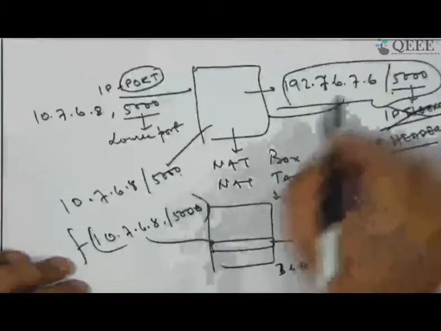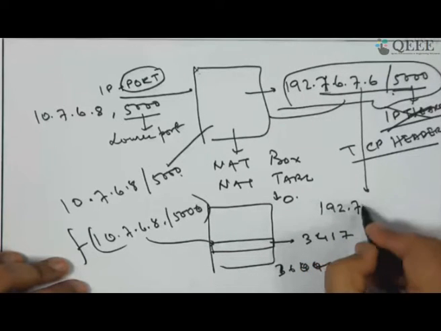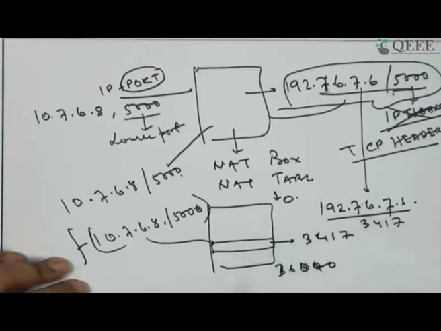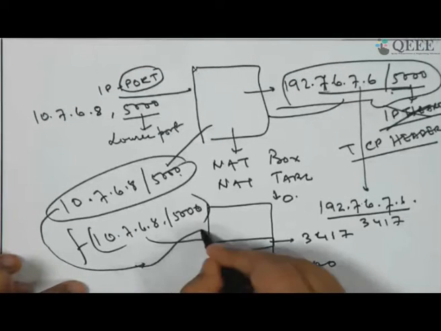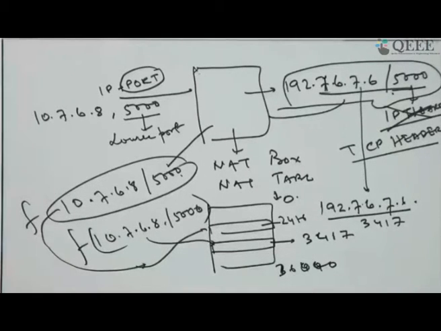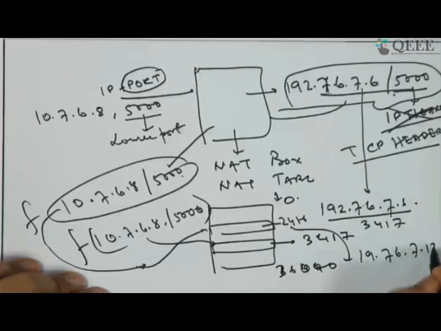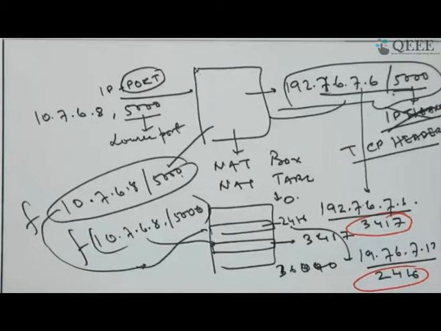So now instead of 5000, what will you put? 192.76.7.6 with 3417. Now the next thing which also has 5000, it will hash and get somewhere here, maybe 2416. And if it is 2416, then it will have 192.76.7.1 with 2416. Okay. So now they are differing in port and everybody is getting a unique port.